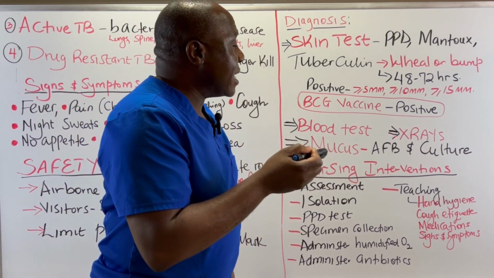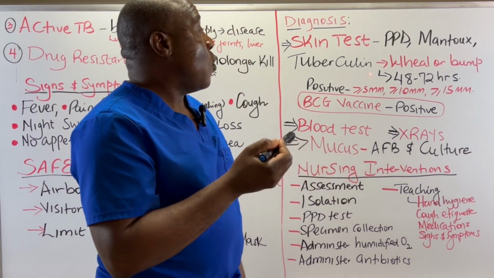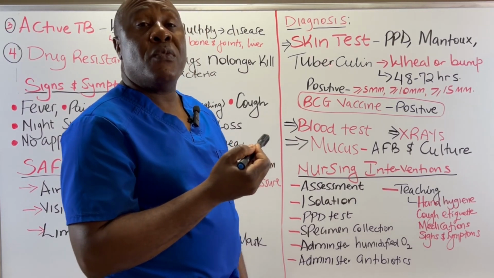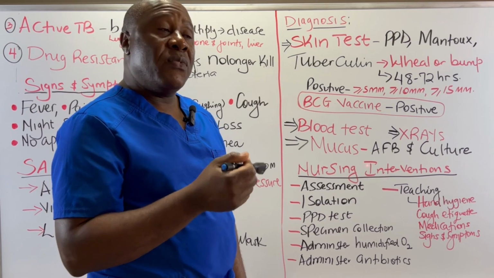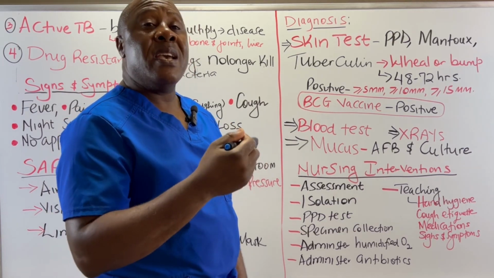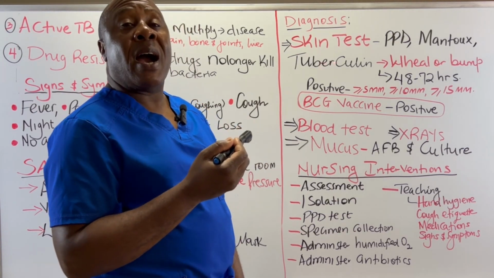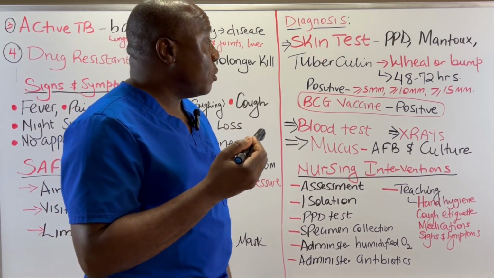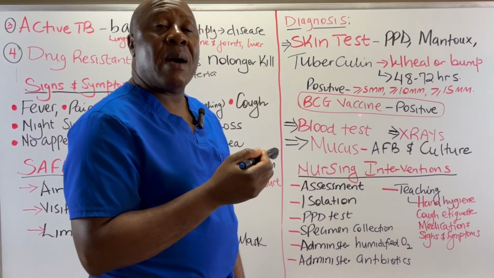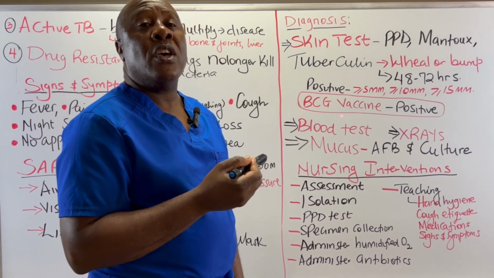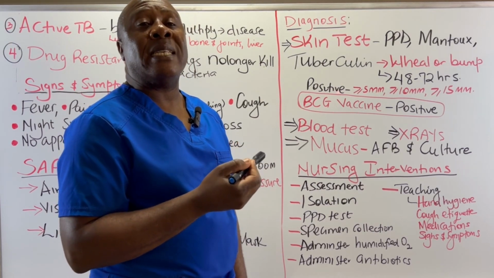When we have an X-ray taken of a person who has, for example, tested positive on the skin test, if the X-ray shows patchy areas in their lungs, then those people have active TB. So if you have a positive skin test, you must have an X-ray. If your X-ray comes out clear, then probably you only have latent TB.